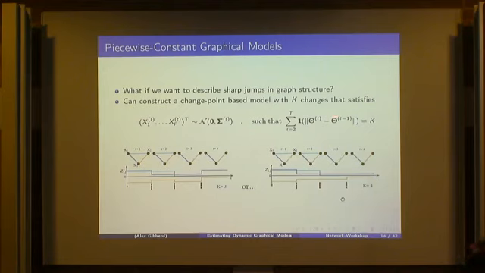This could be a hard constraint, a non-convex constraint, that this count is equal to k, but this can have a convex relaxation also. But one can visualize, at least from a top-level point of view, that the change point problem can be constructed in this way.